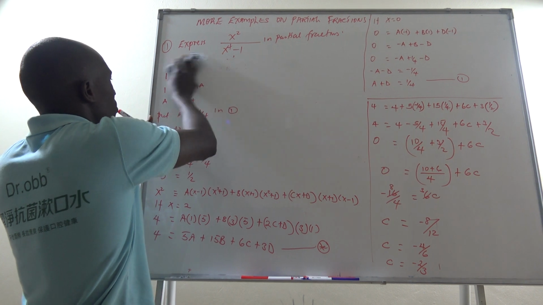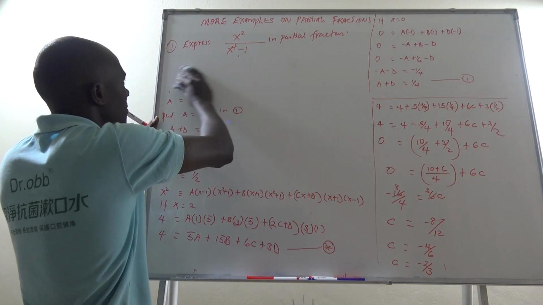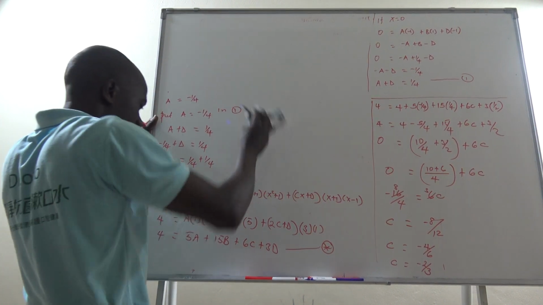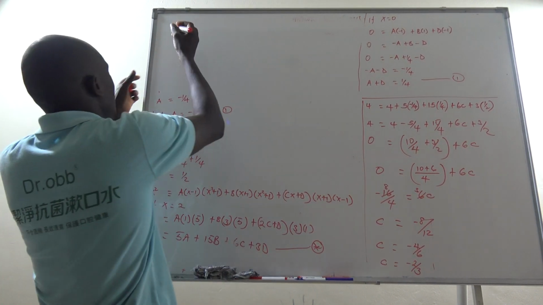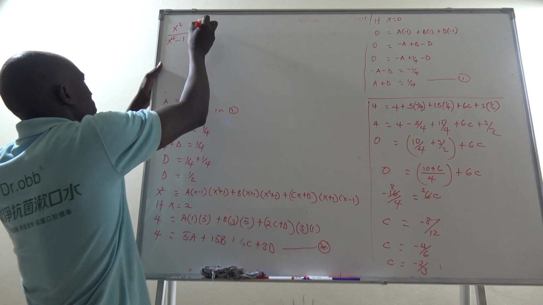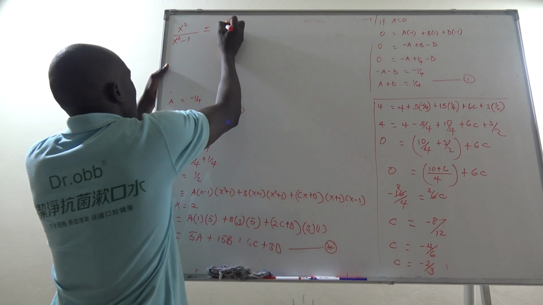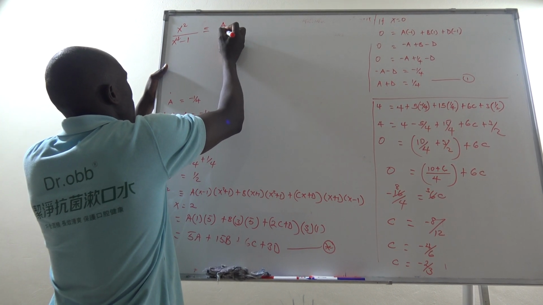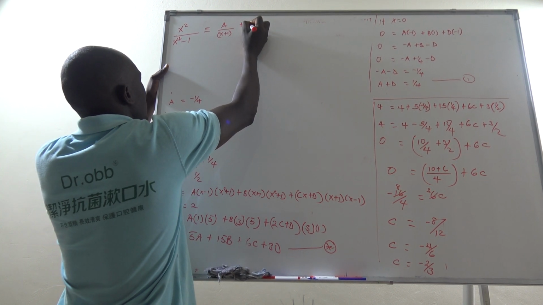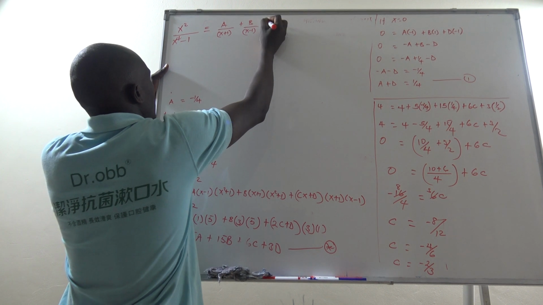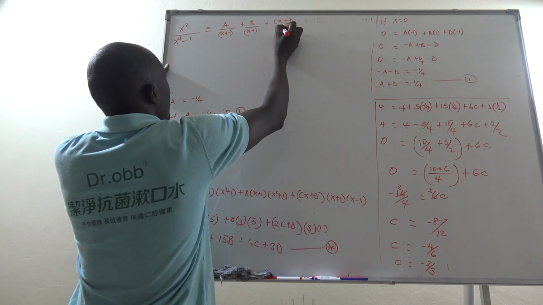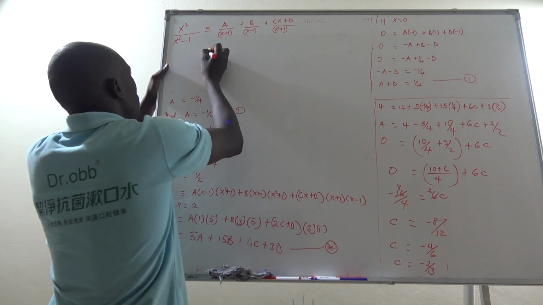Then we are going to rearrange it very well. And we say, therefore, x squared out of x power 4 minus 1 is the same as, we had the a out of x plus 1 plus b out of x minus 1 plus cx plus d out of x squared plus 1. So, do we know the value of a?